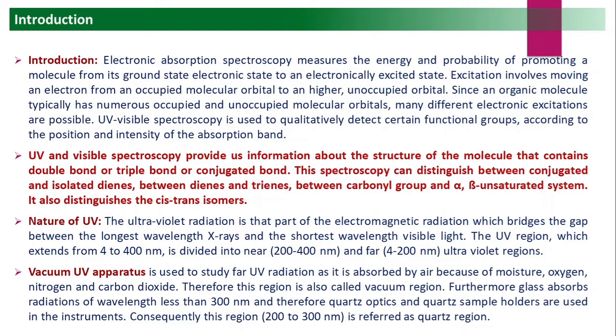Furthermore, glass absorbs radiations of wavelength less than 300 nanometer. The glass cuvette we use as a sample holder also absorbs radiations below 300 nanometer. Therefore, quartz optics and a quartz sample holder are used for this instrument to avoid interference from the absorbance of glass.